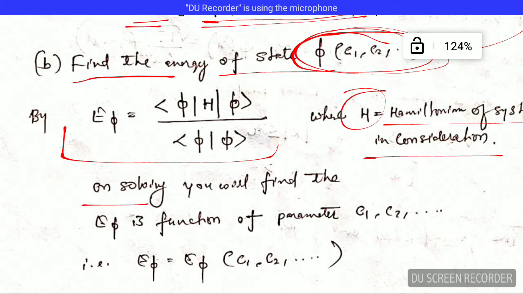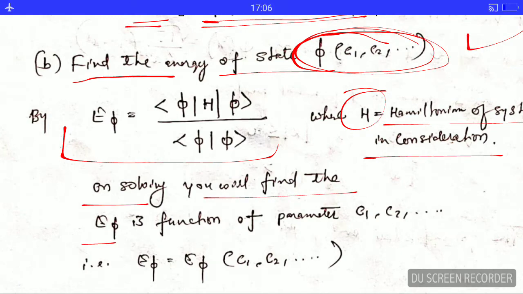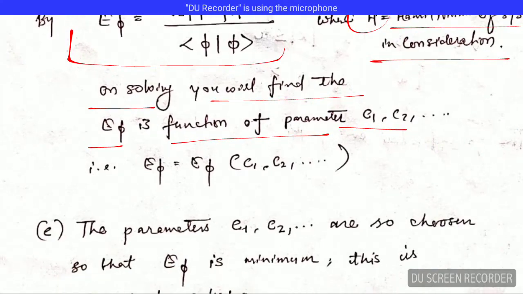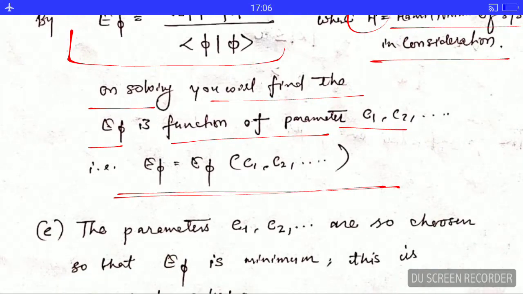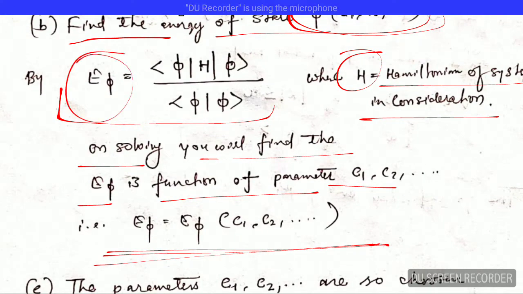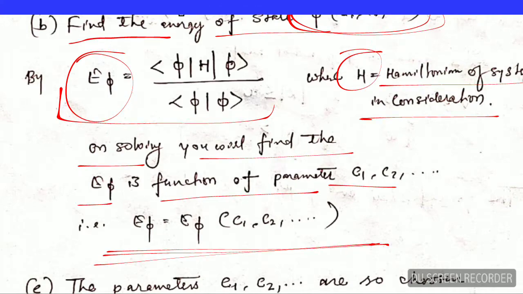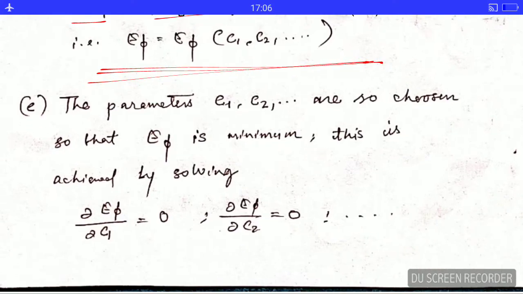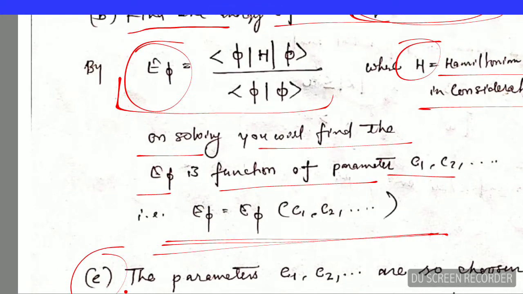On solving this, you will find that E phi is a function of the variational parameters C1, C2. Either this can directly give you the ground state, or if not, then we have to find the minimum ground state energy.